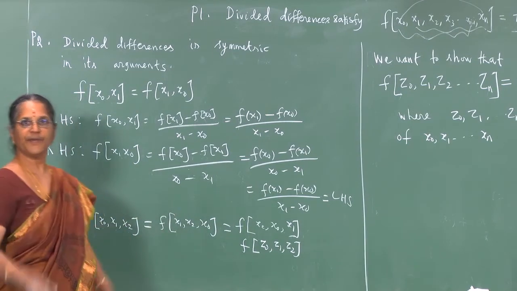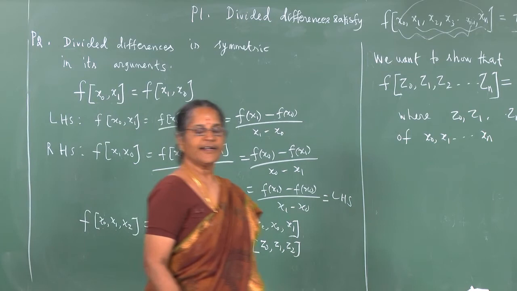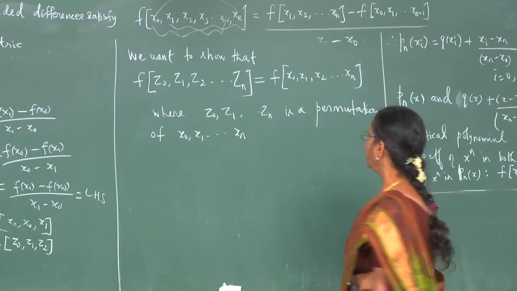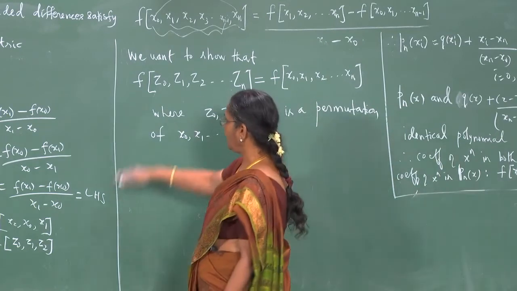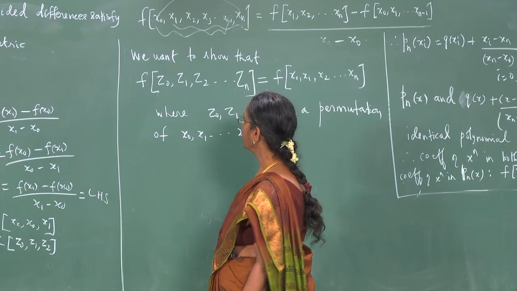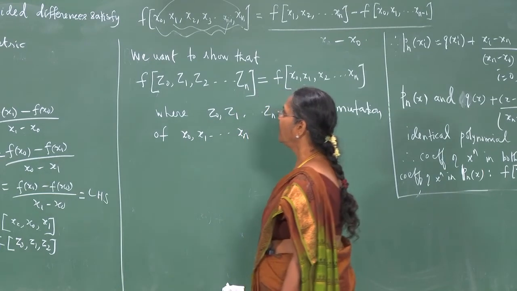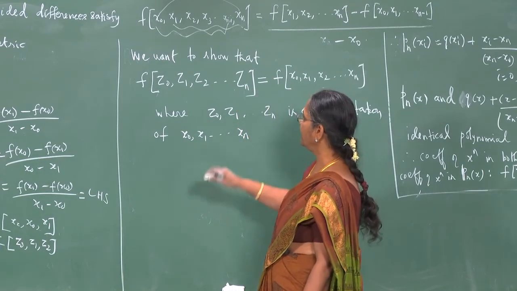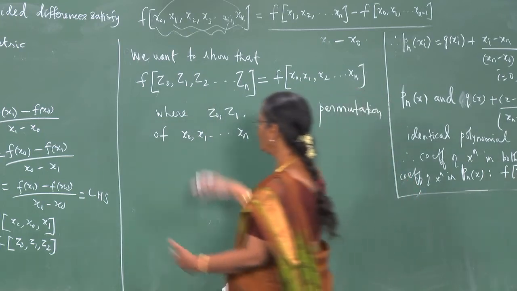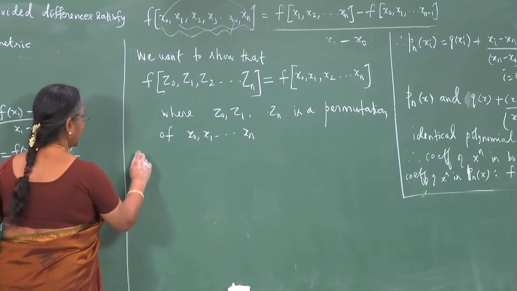So now the proof must be easy. What do we do? Let us construct a polynomial of degree at most n that interpolates the function at the set of points z0, z1, etc., zn and denote by, say, Pn.